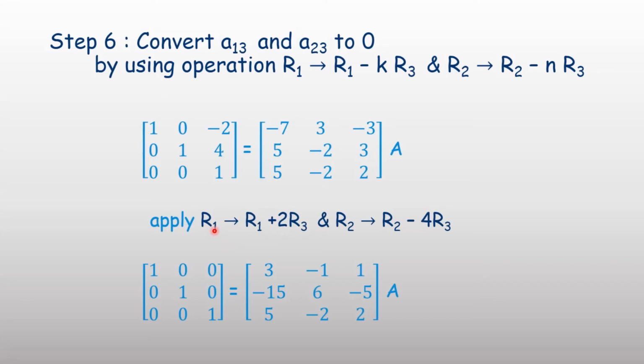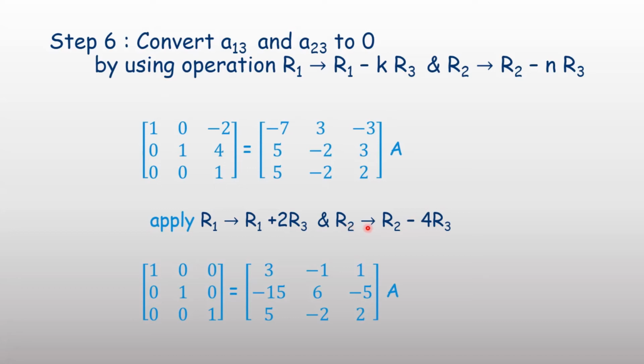Apply property. R1 replaced by R1 plus 2R3 and R2 replaced by R2 minus 4R3. R1 plus 2R3. Just apply minus 2 plus 2 into 1, 0. And similarly apply remaining. We will get 3 minus 1 and 1.